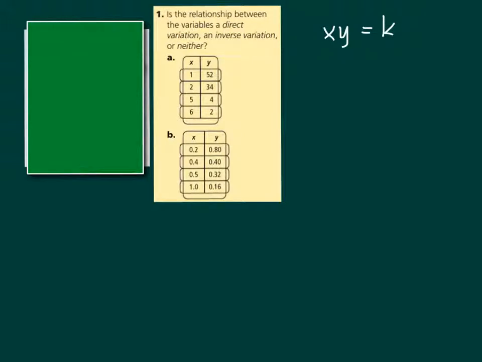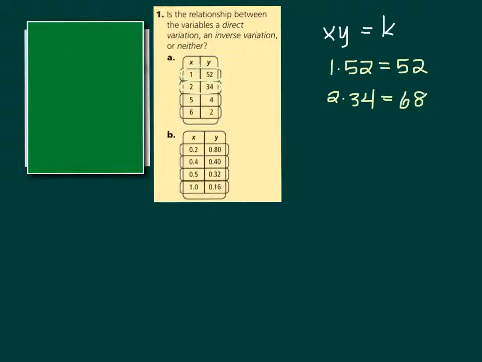So let's take this first point, 1 and 52. 1 times 52 is 52, correct? Yeah, we should all agree with that. Take the next point, 2 and 34. What's 2 times 34? 68.